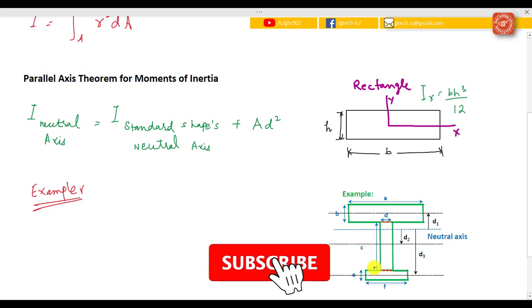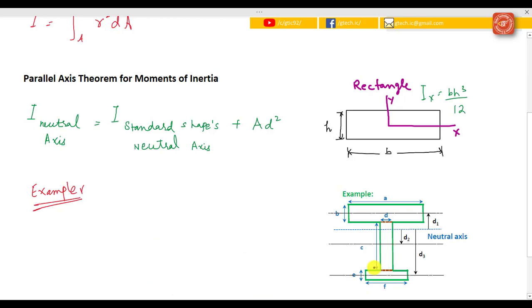And I want to find the I, that is the moment of inertia, about the neutral axis for the composite cross section.